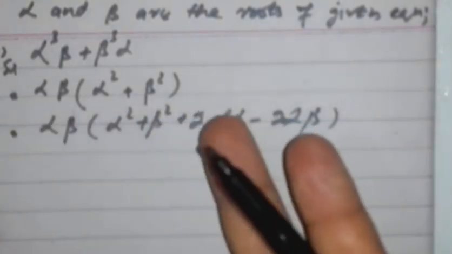Why do we add 2 alpha beta and subtract 2 alpha beta? To make these terms a perfect square. So we get alpha plus beta whole square minus 2 alpha beta.